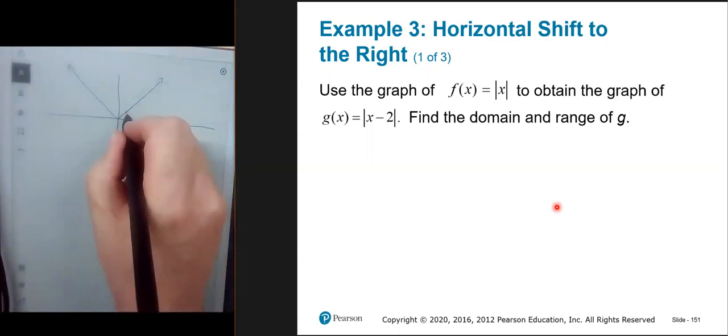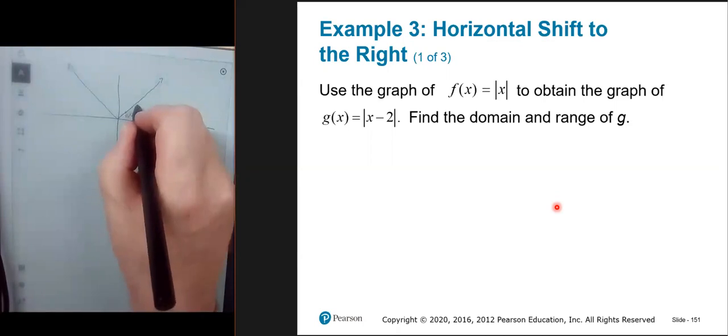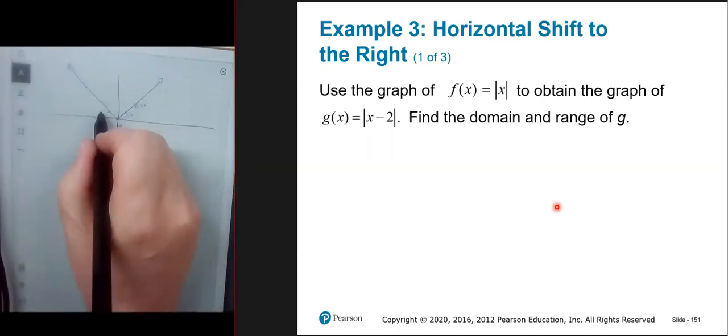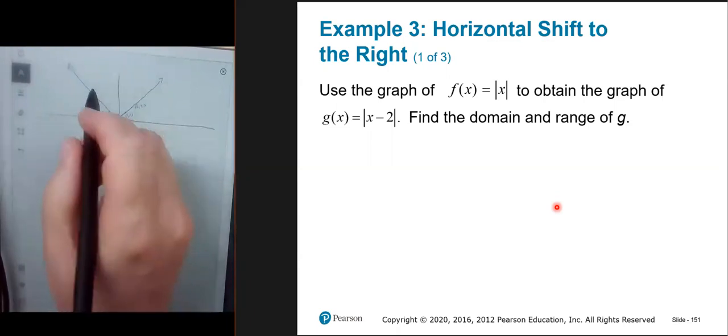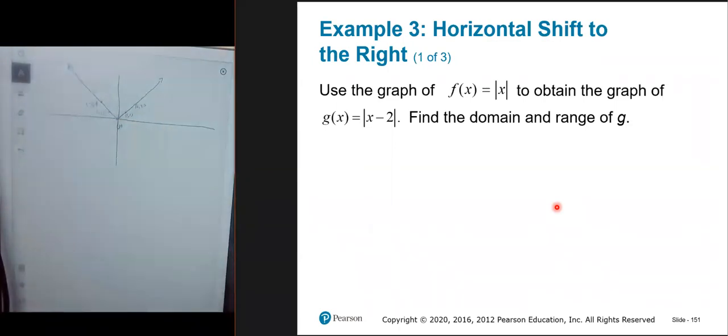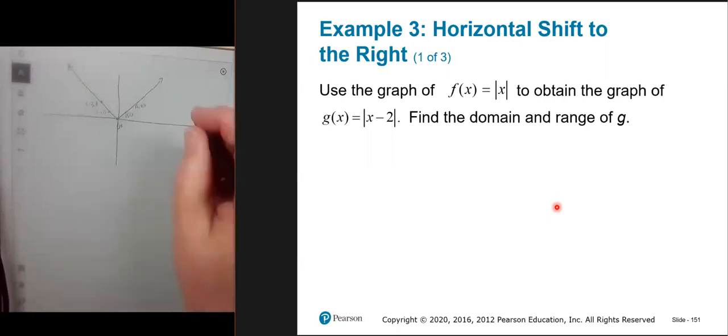So this is the point 1, 1, and then we have the point 2, 2, the point 0, 0, and the -1, 1, and the -2, 2. It's a straight line parabola. It's one way of looking at it. So this is f of x, which is just the absolute value of x.